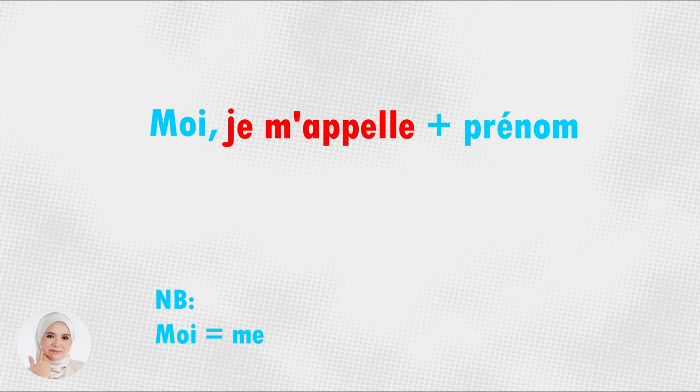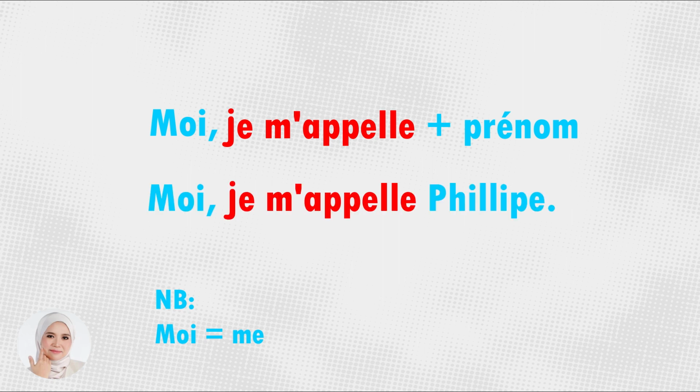Now, let's move to the next one. It's the same thing, but this time we add the word moi. Moi means me. And we only put the first name. So, we have here moi, je m'appelle Philippe. Now, if you notice, you have the word moi. When the letter O meets I, in Bahasa Melayu, it is oi.